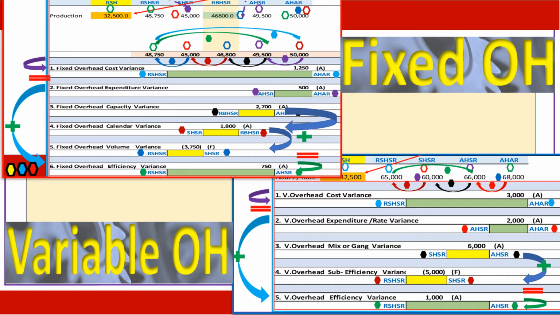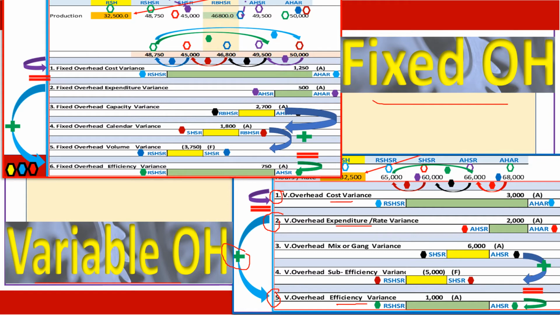It will be quite convenient for us to strike a comparison between variances of fixed overhead and variances of variable overhead. Basically, we have three main overhead variances: cost variance, expenditure variance, and efficiency variance. Expenditure variance and efficiency variance, when added together, form the cost variance.